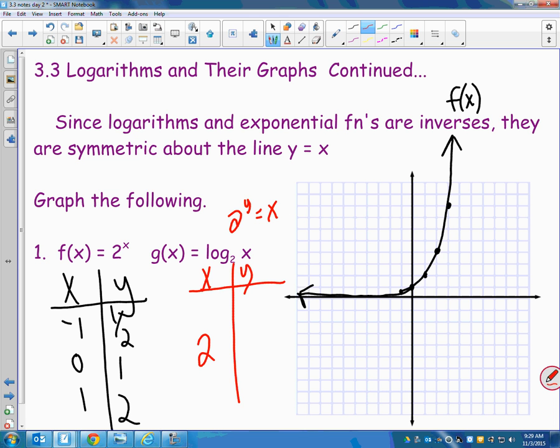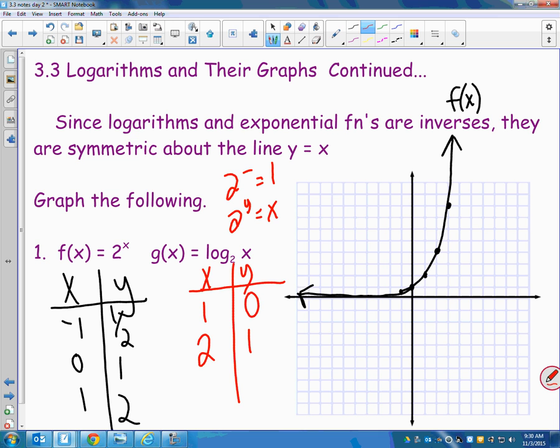2 is a great power of 2. What exponent would give me a 2 here for x? What exponent would go here? 1. And you can check. If 1, 2 is on this graph, 2, 1 has to be on the inverse. That's the definition. What are my other go-to numbers I pick for logarithms? What would give me 1? 2 to the what equals 1, right?